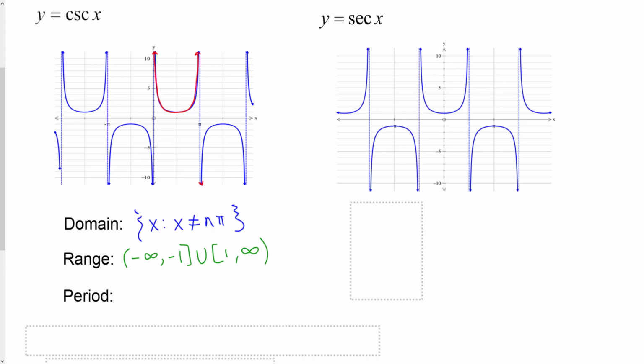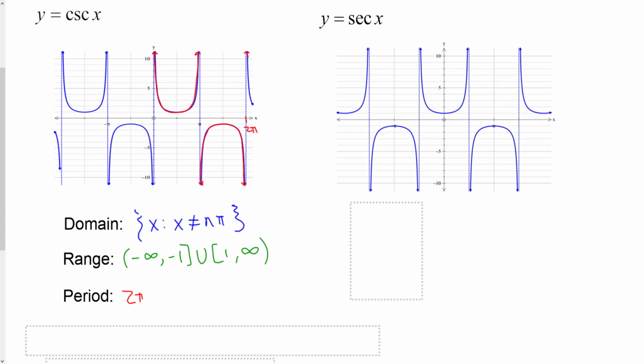This next portion of the graph is similar, but it's still not repeating because everything's negative along this interval. It isn't until we reach right here that we start seeing the repetition. So that means by this point right here, that's how long it takes for this entire cycle to complete. So the period is 2 pi.